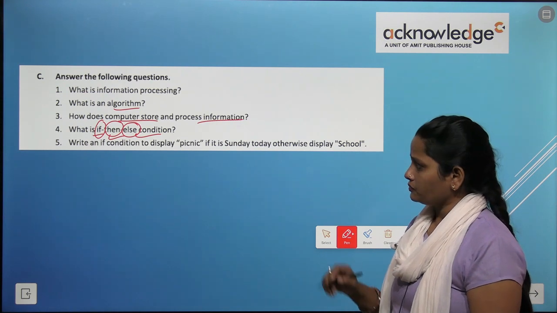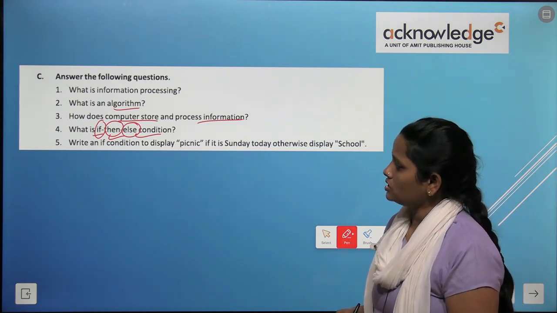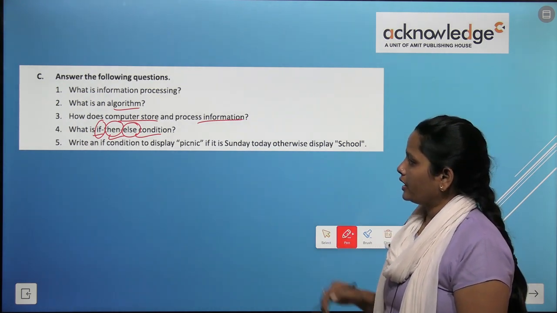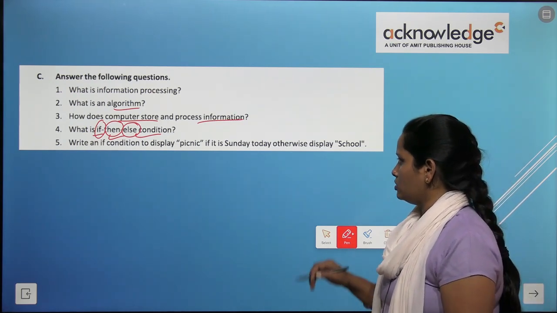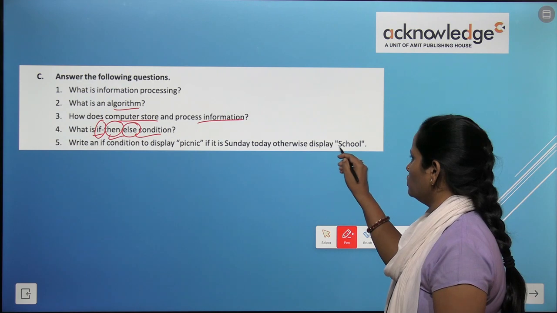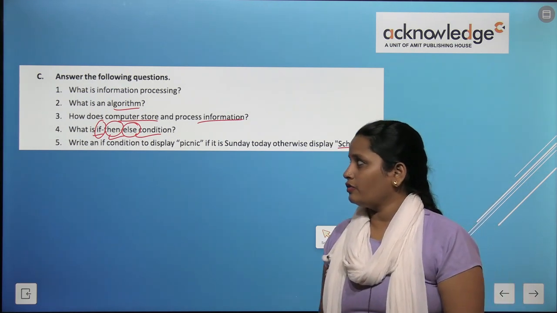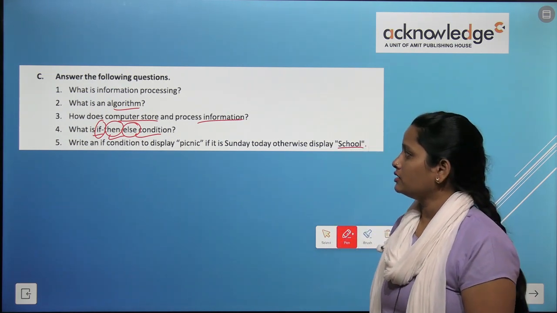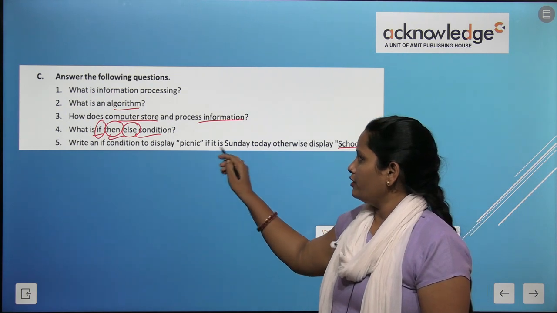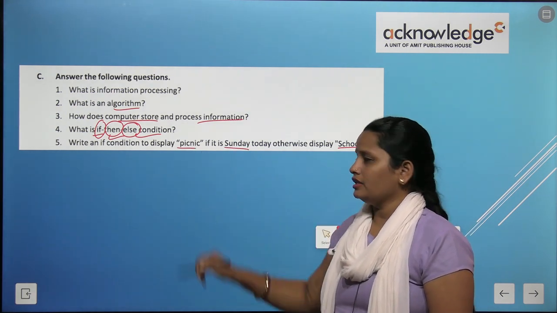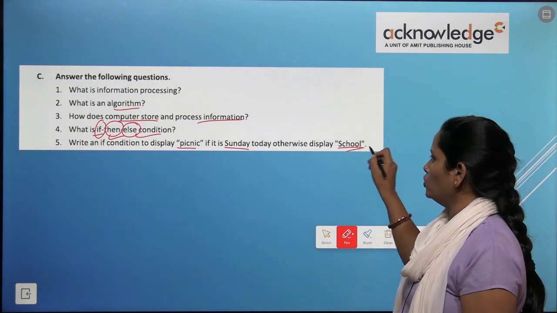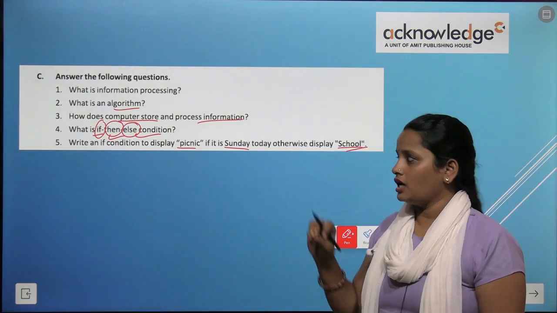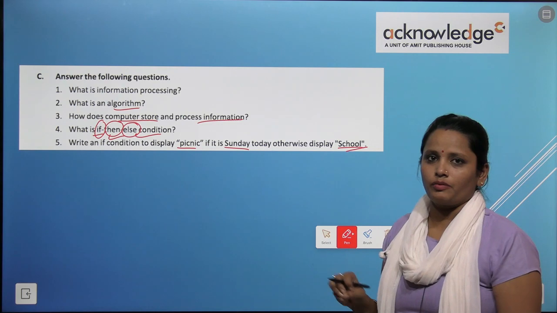Write an if condition to display picnic if it is Sunday today, otherwise display school. So here we can write one if then else condition: if it is Sunday, then picnic, otherwise, or else, school. So this is the condition that we have applied.